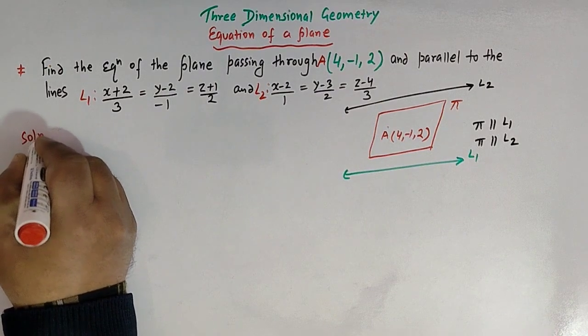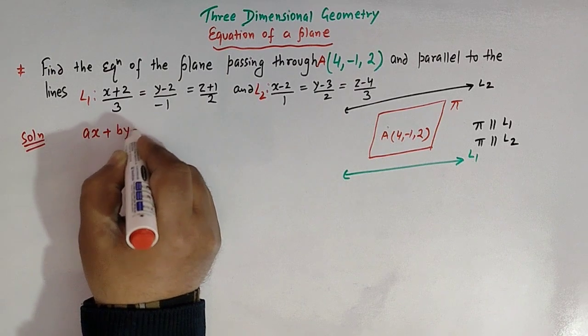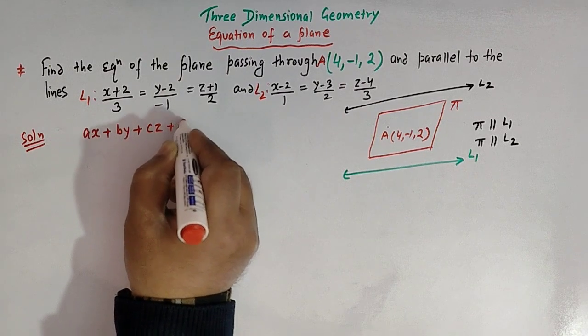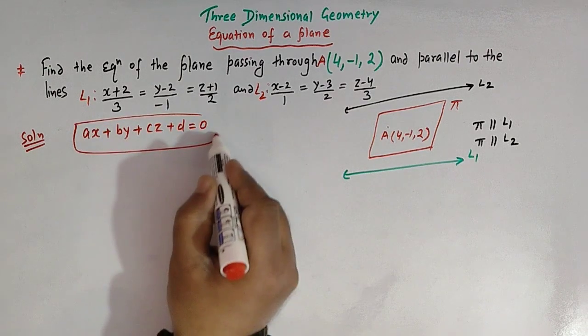We know that any equation of the form ax + by + cz + d = 0 always represents a plane.